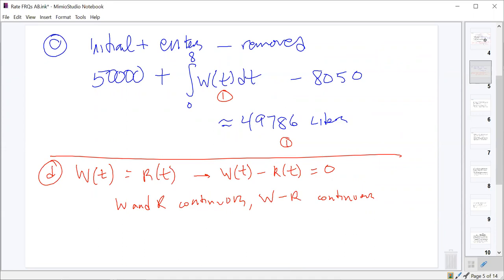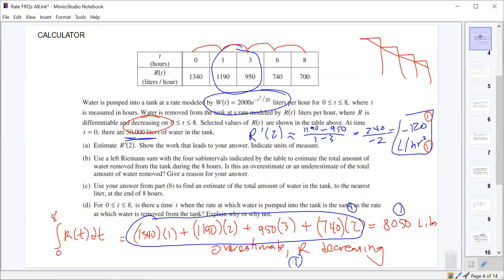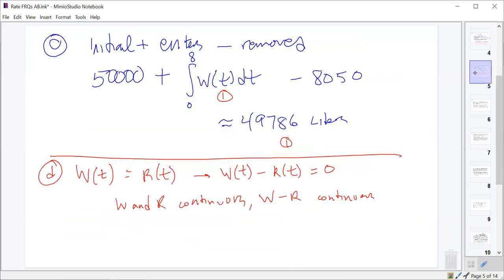And so if we were to look back here, if we were to plug in W of 0, W of 0 should give us 2,000. And R of 0 is 1340. So we could say W of 0 minus R of 0 is positive.